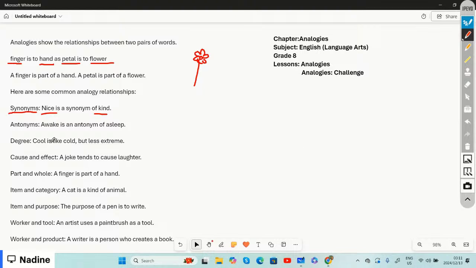All right, and now we have our antonyms. Firstly, synonyms are words with the same meaning or almost the same meaning. And now we have antonyms, which are words with opposite meaning.